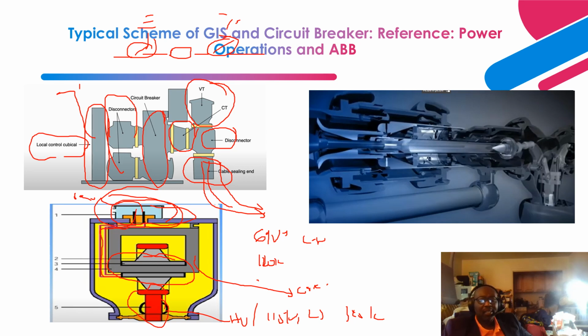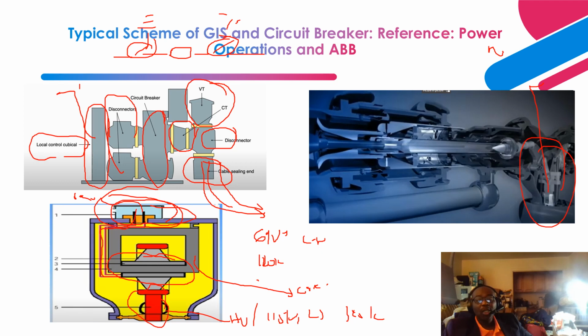Next is a cut or a section of another important internal component. This one is the breaker inside the GIS. For the breaker, you have stationary contacts. This is the mechanism, and we have different mechanisms for different manufacturers.